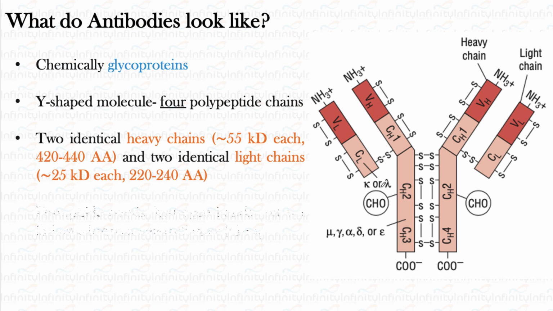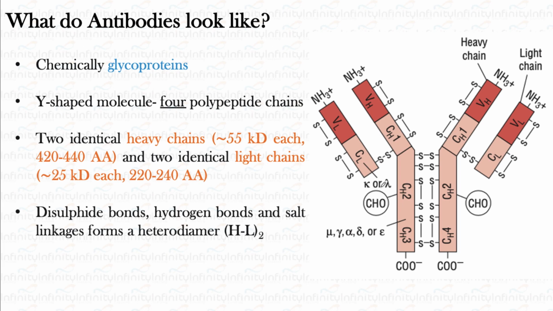These chains are held together by a variety of bonds, including disulfide bonds, hydrogen bonds, and salt linkages. Basically, an antibody is a heterodimer of 2 identical heavy chains and 2 identical light chains.